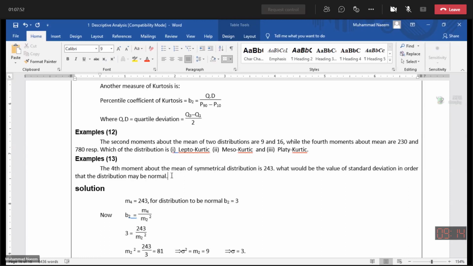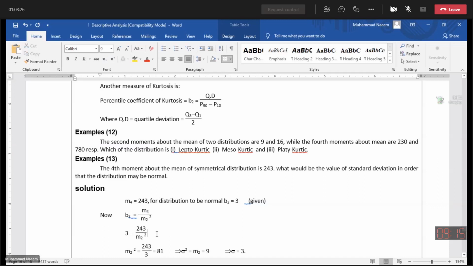So this information is given. And what is the formula for B2? This is the formula for B2, and this is equal to 3. We need the distribution to be normal.